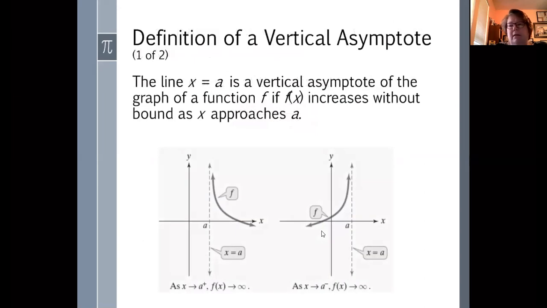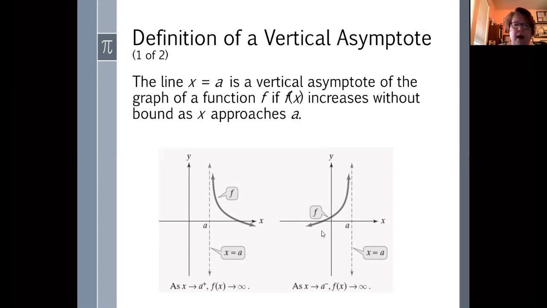Now let's discuss vertical asymptotes. The line x equals a, and remember every vertical line has an equation x equals a constant. The line x equals a is a vertical asymptote of the graph of a function f if f of x increases without bound as x approaches a. So let's look at this first graph here.